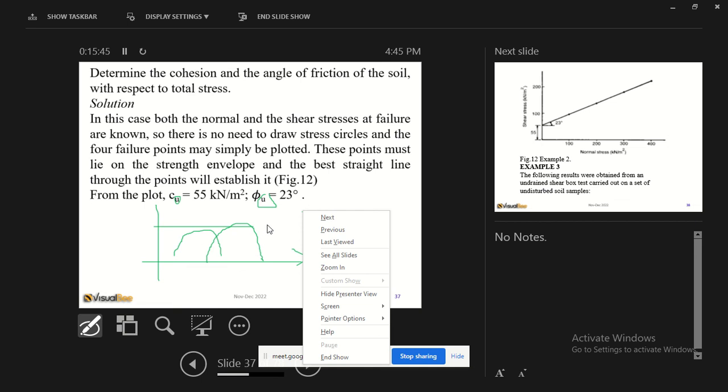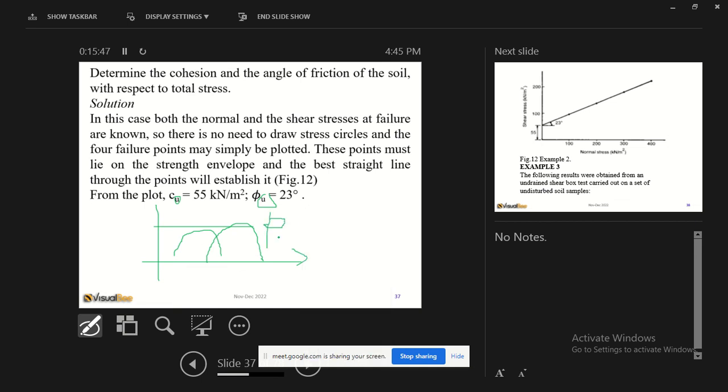But in this case, phi U is 0, and this is called SU or CU. Sometimes there is a phi and a C, but it is from an undrained test.